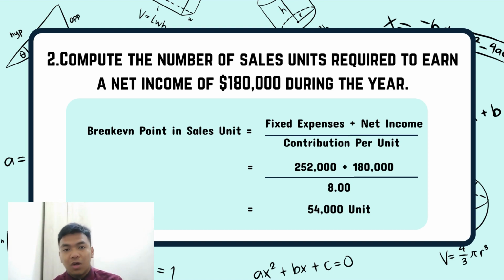The fixed expense from the question is $180,000 for fixed manufacturing cost plus $72,000 for fixed marketing cost, equal to $252,000. Then we add the net income, which is $180,000, and divide it by $8, the contribution per unit from the income statement. After the calculation, we get 54,000 units.